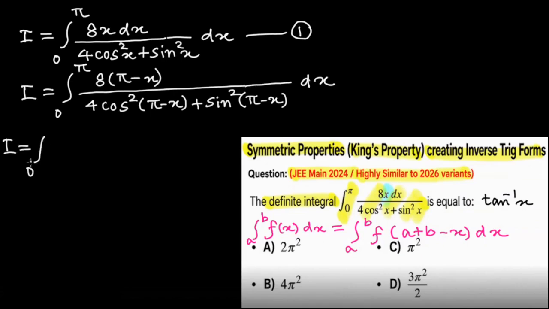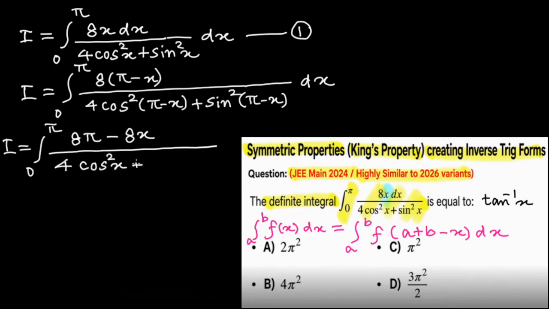I will be integral from 0 to pi, (8 pi minus 8x) upon 4 cos square x plus sin square x dx, since cos square (pi minus x) is cos square x and sin square (pi minus x) is sin square x. We will name this 2.